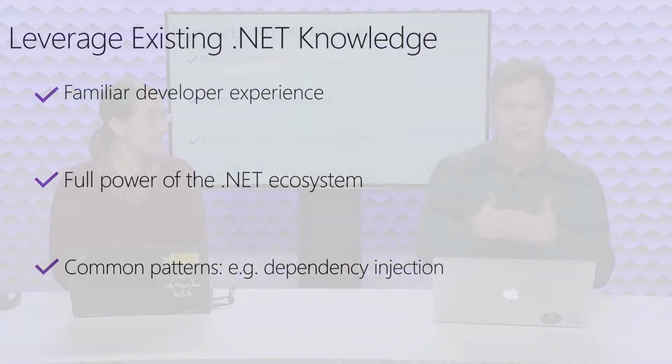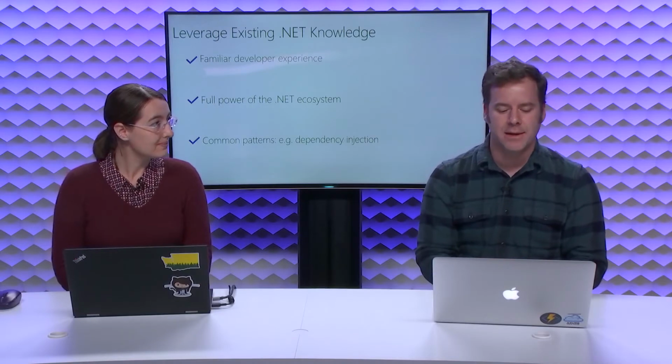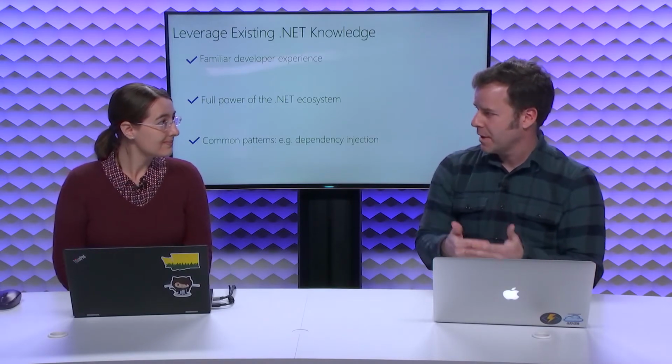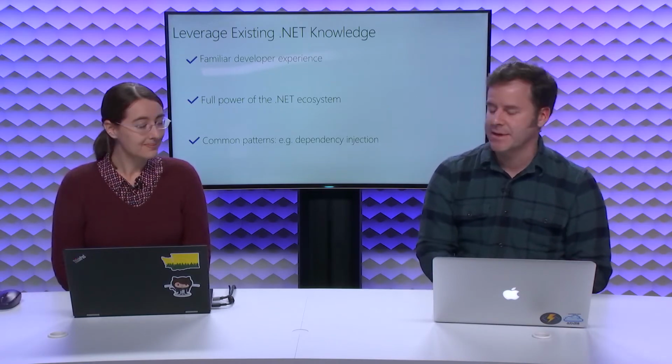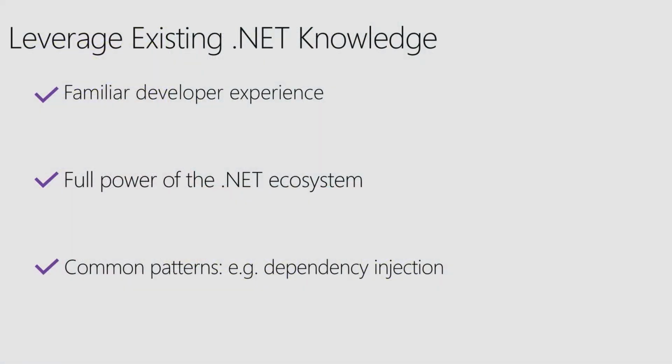So you get the same kind of benefits that you get from Blazor in functions. That familiar development experience, you have the ability to use your Visual Studio as your primary IDE, the .NET tooling. This is running on top of .NET Core.